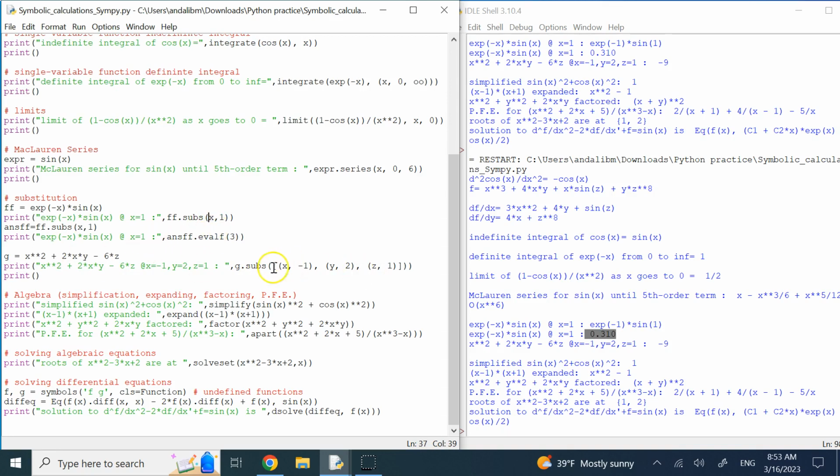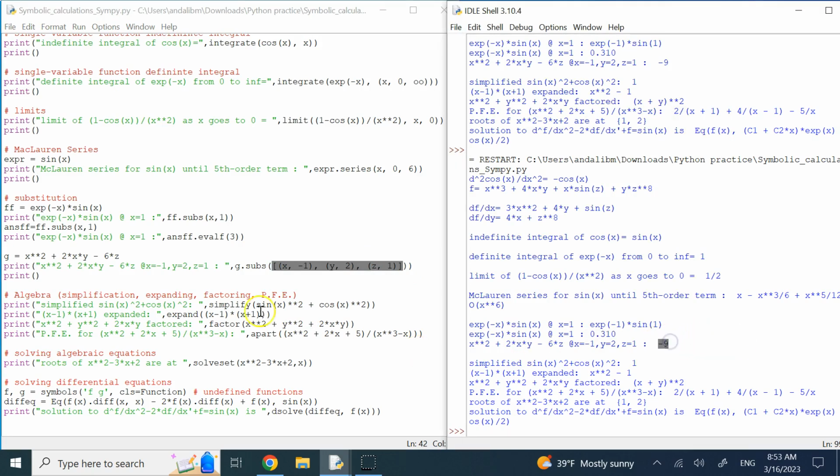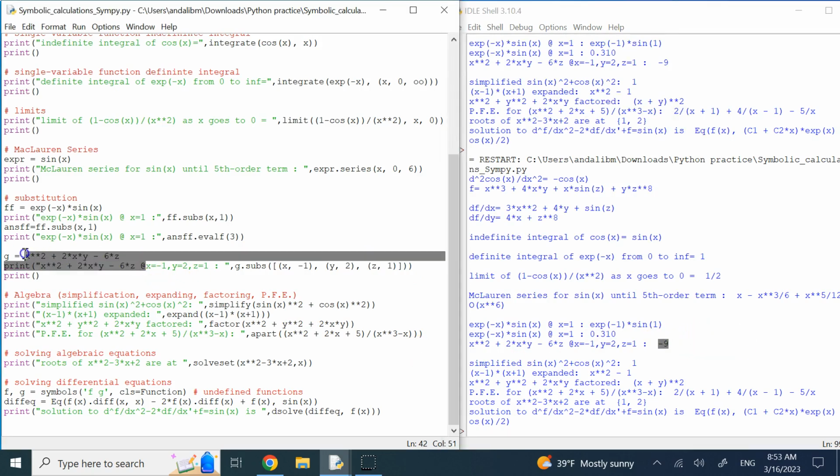If it's multivariable, I can do multiple substitutions at the same time, as long as I put each one of them in parentheses with the parameter, comma, the number, and then comma separated from the next one, and then put the whole thing in a bracket. That is going to do multiple substitutions at the same time, and you see the number is -9 because, of course, it's very simple.